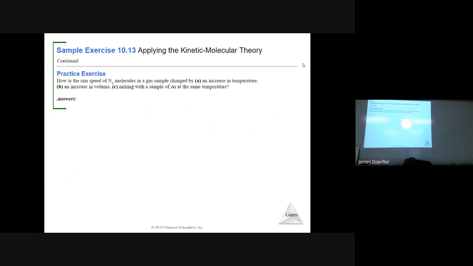Anytime we're talking about this, ask yourselves, are we adding energy? We simply add molecules, are we adding energy? No. And it says we're maintaining temperature. So again, just simply adding molecules will have zero effect on the speed of the molecules.